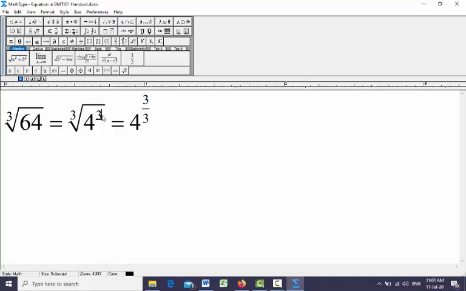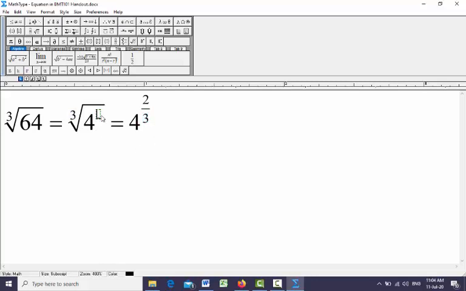For example, if we had power 2 inside the cubic root, we would have power 2 in the numerator of the power. And always remember that the 3 of the cubic root will be in the denominator of the power.